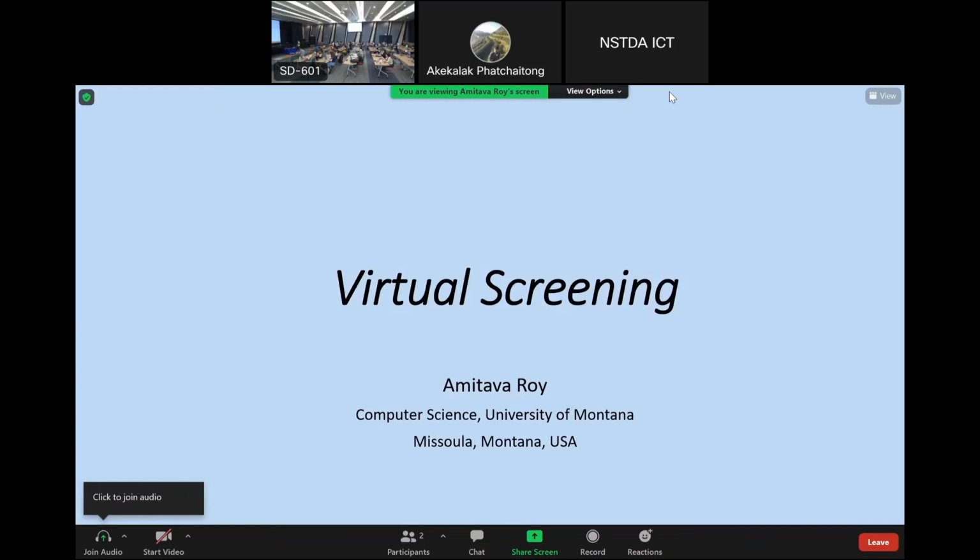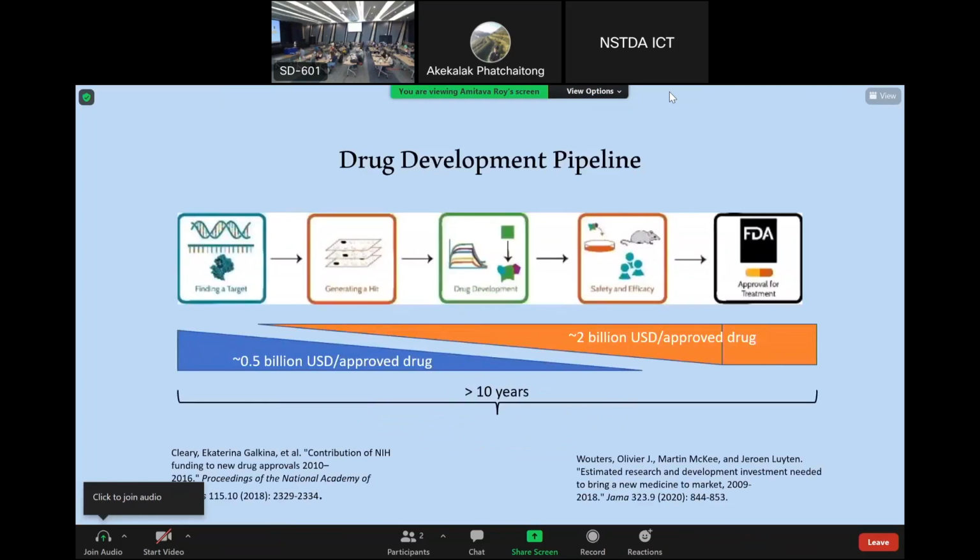Now, what do we mean by virtual screening? So typically, a drug development project starts, there is a lot of biology that goes in when you have a disease or some kind of malfunction in your cell. A lot of biology goes to identify the target. That means identify the protein or proteins that are causing the malfunction.